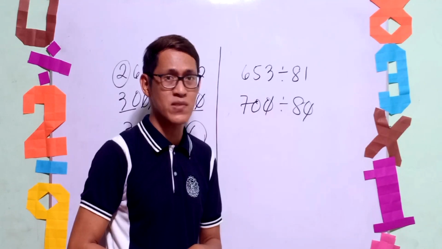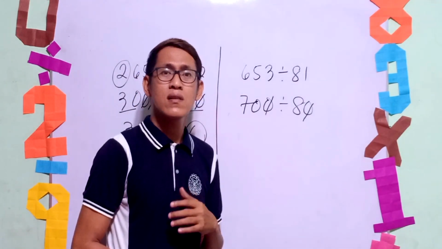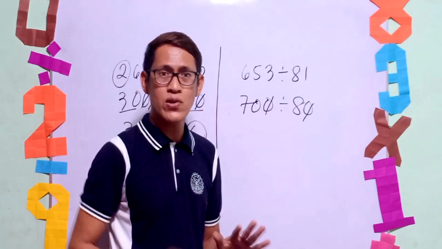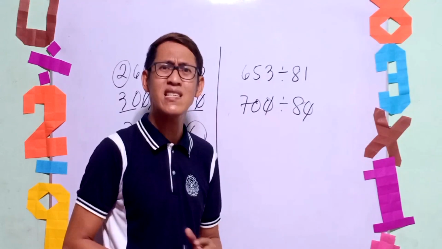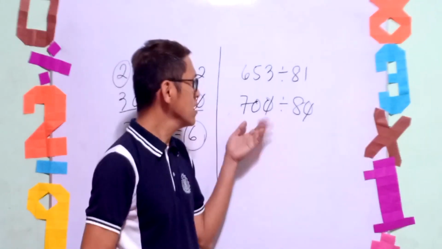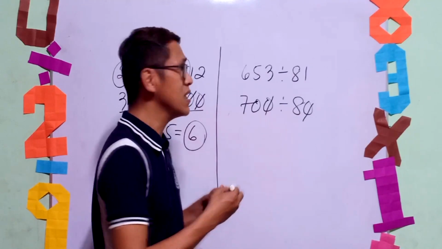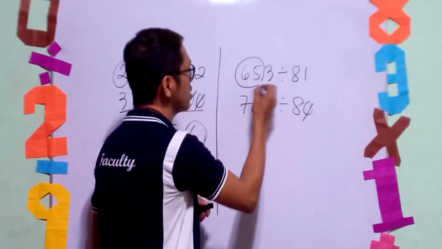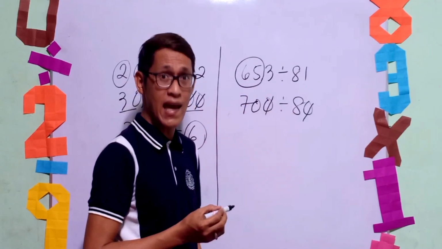So they are not compatible numbers. Be sure when you estimate the quotient, after you round off the numbers, the numbers are compatible, meaning easy to divide. But here, they are not compatible, so instead of using 70, you go back to the original number. It's 65, still not compatible with 8.